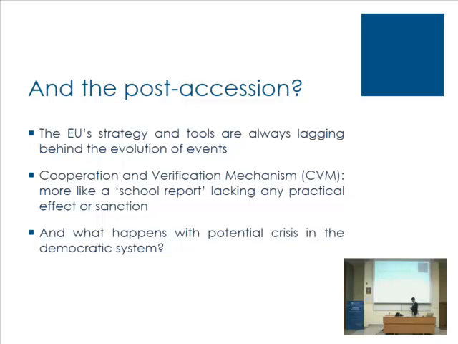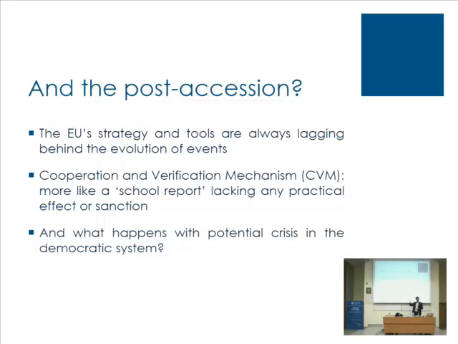The cooperation and verification mechanism is an example. This was a mechanism introduced by the EU for Romania and Bulgaria after the accession. Why after the accession? Because the EU had the impression that those countries still had some problems on judiciary and anti-corruption.